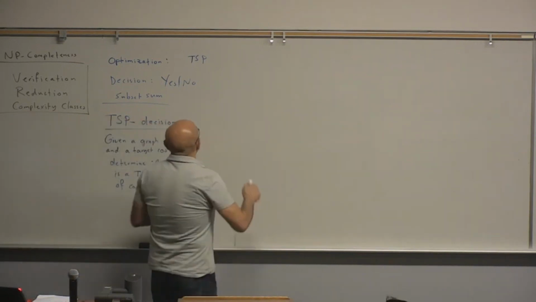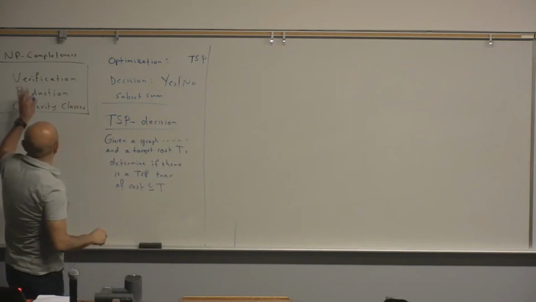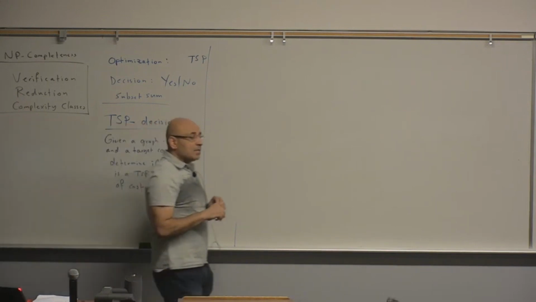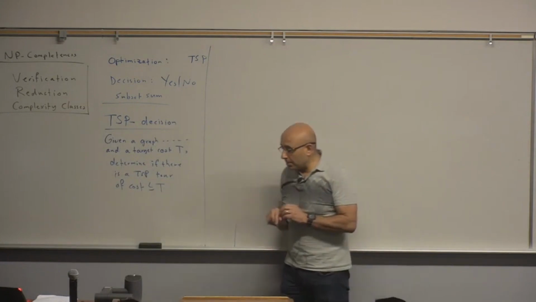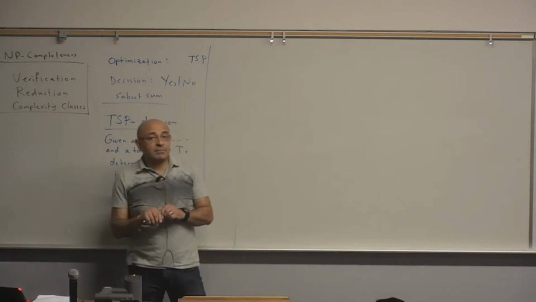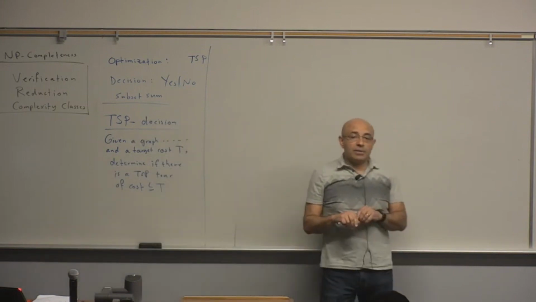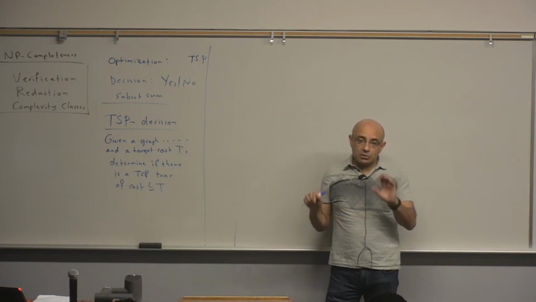Okay? Now we can talk about verification or verifiability of a problem. We say that a problem is verifiable in polynomial time if you can come up with a polynomial time algorithm that can verify the correctness of a proposed solution.